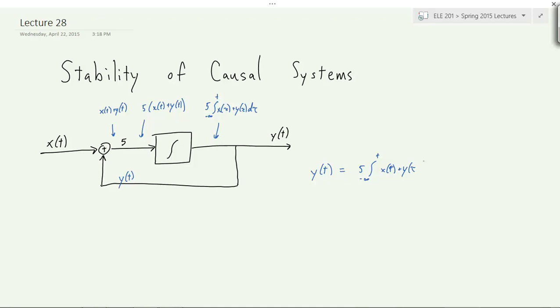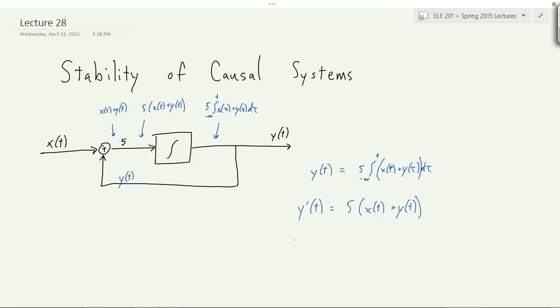Now, this equation tells us the dynamics of the system. It's nice maybe to take derivatives here and have everything in terms of derivatives. So we get y prime of t equals 5 times x of t plus y of t. And this we call a differential equation.